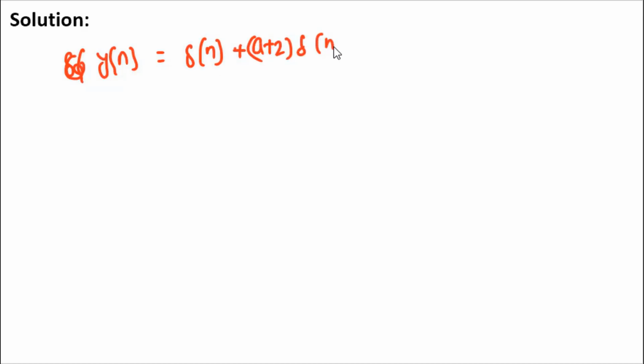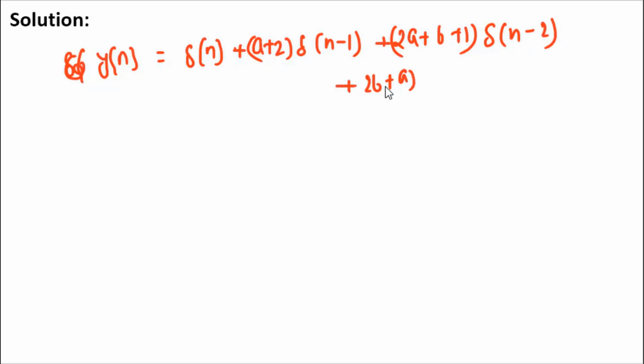Now finally you will get y of n as delta of n plus (a plus 2) into delta of n minus 1 plus (2a plus b plus 1) into delta of n minus 2 plus (2b plus a) delta of n minus 3 plus b times delta of n minus 4.